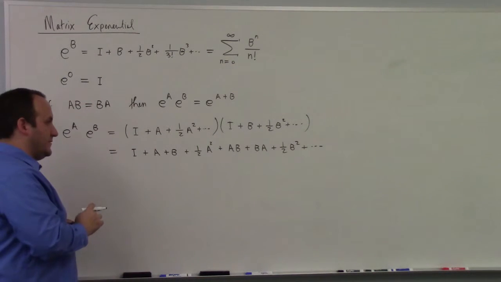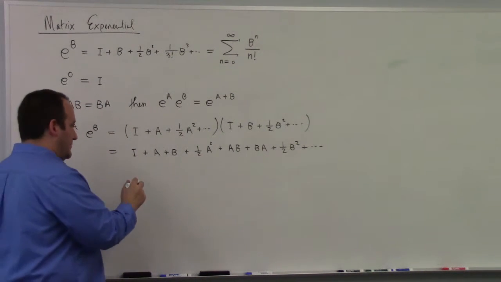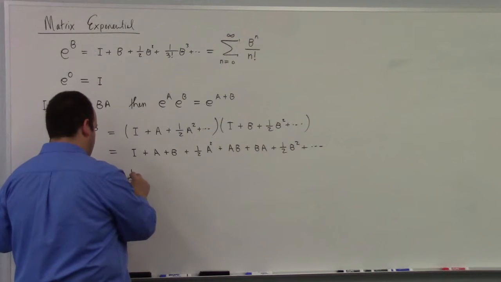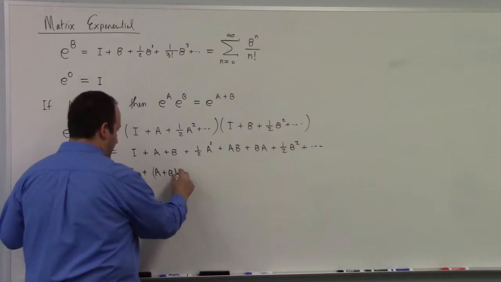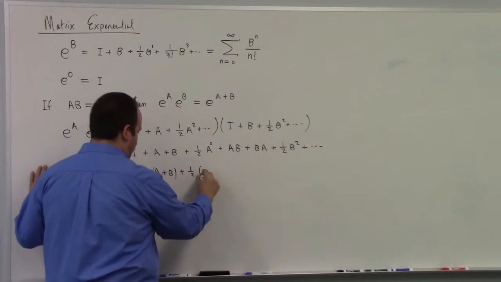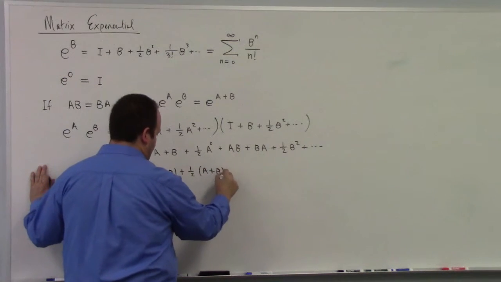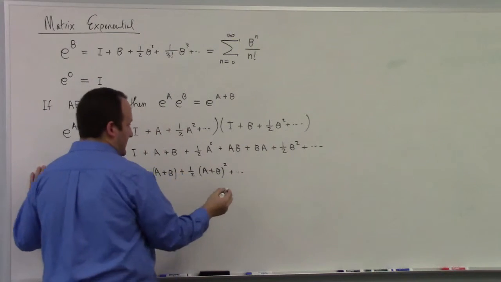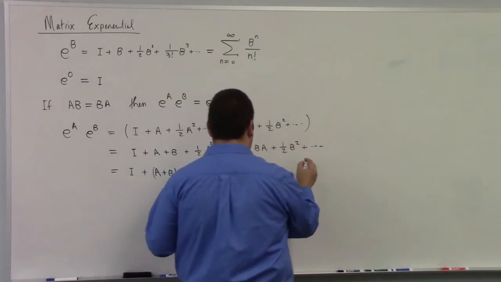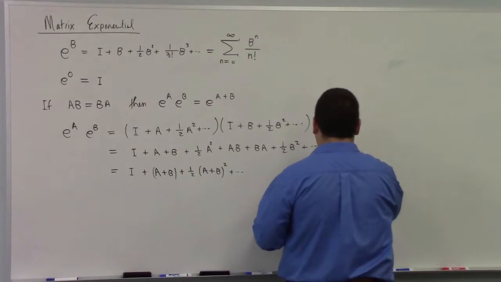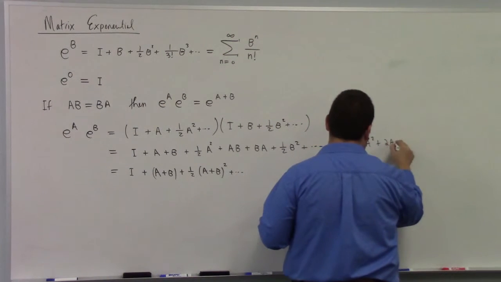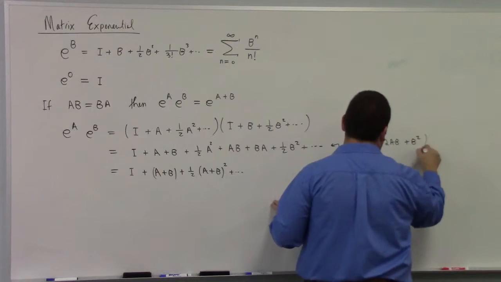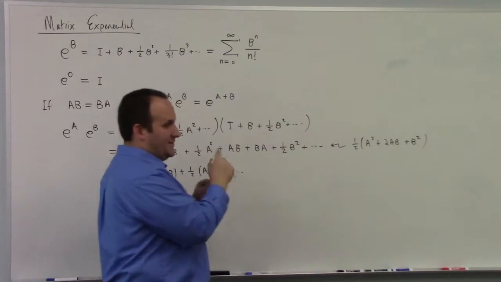All right, so if A and B commute, I can rewrite this as I plus A plus B, plus 1/2 A plus B squared, plus and so on. Because this up here can be written as 1/2 of A squared plus 2AB plus B squared, using the fact that AB is equal to BA.